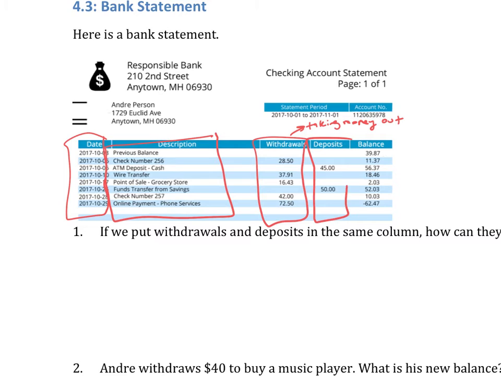Here you have the deposit column, which is putting money in. And then you have your balance column, which basically tells you how much money you currently have in your checking account based on any withdrawals or deposits you've made.